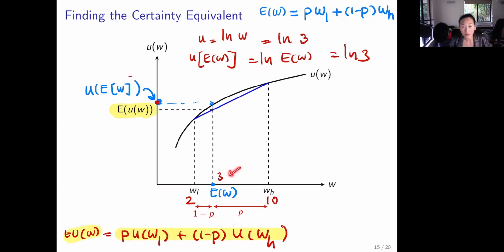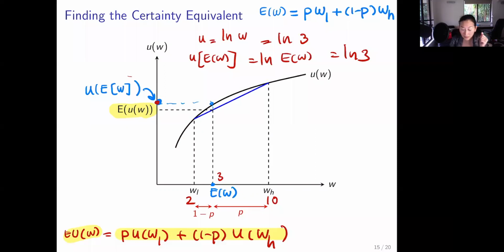This is a risk-averse person because the utility function is concave. So the interpretation is, if this person were given the sure money of the expected value of wealth, $3, her utility of this sure money would be greater than the expected utility.